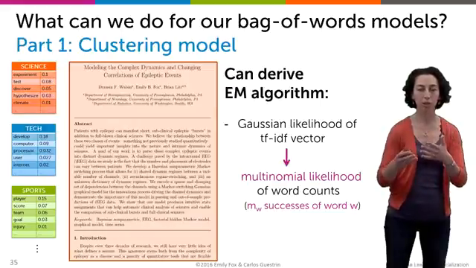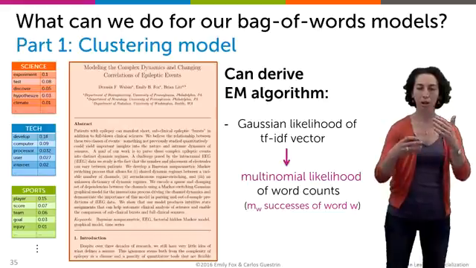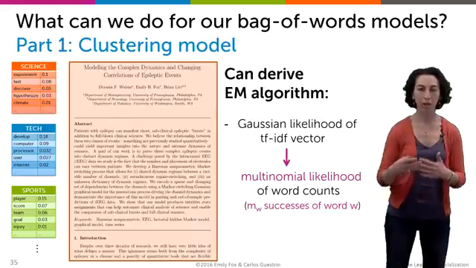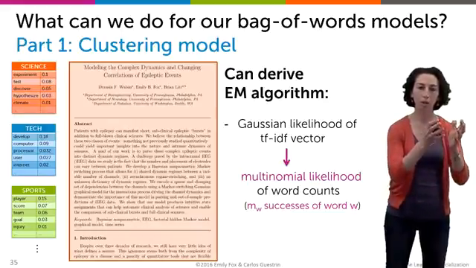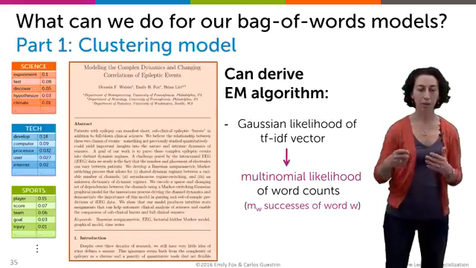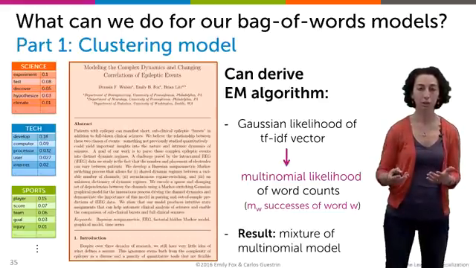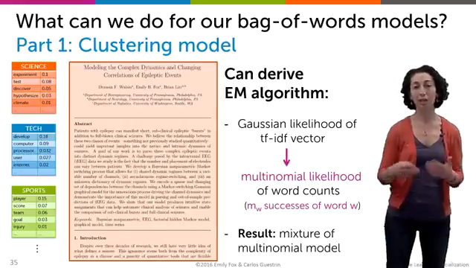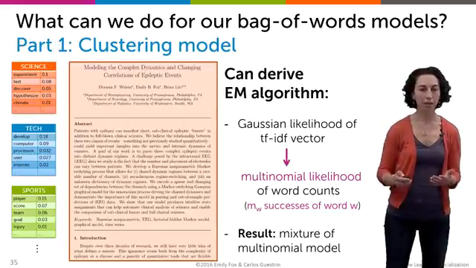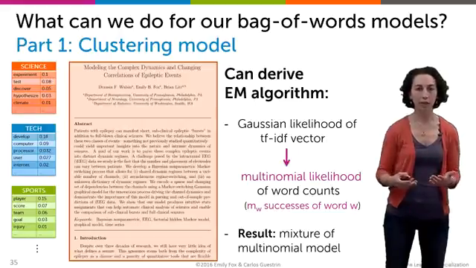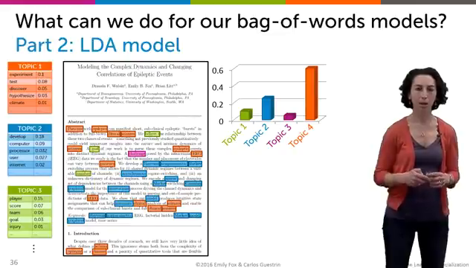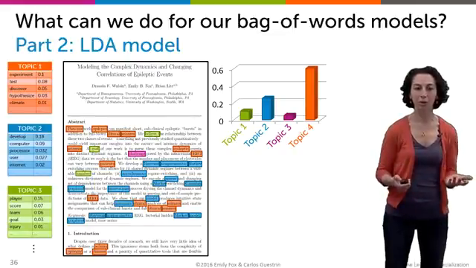So we can use this to compute the likelihood of all of our word counts in this document under a given topic. And so we can think of this alternative clustering model as a mixture of multinomial distributions instead of a mixture of Gaussians. And in this case, we can derive an EM algorithm just like we did for our mixture of Gaussians. But what can we do for our LDA model?